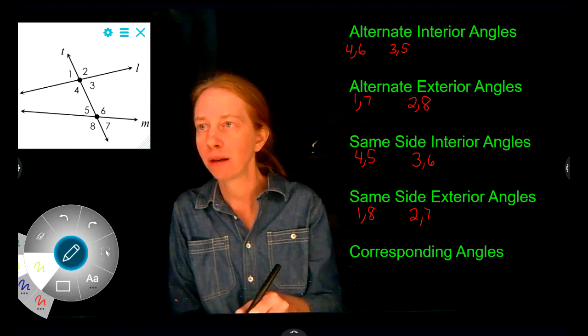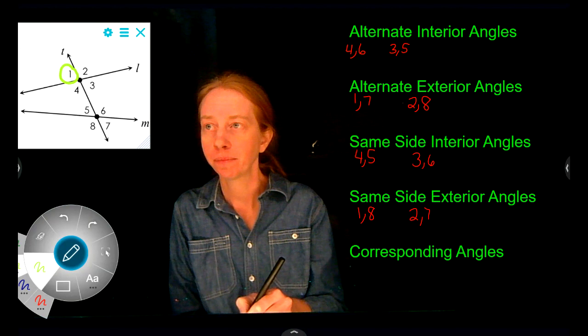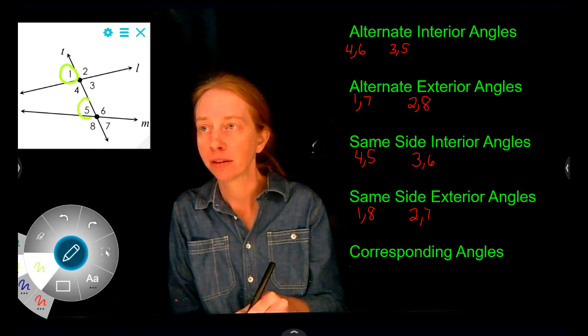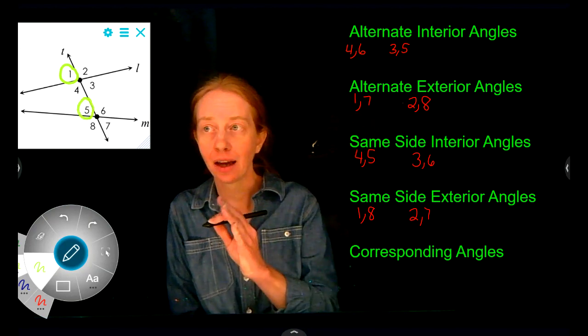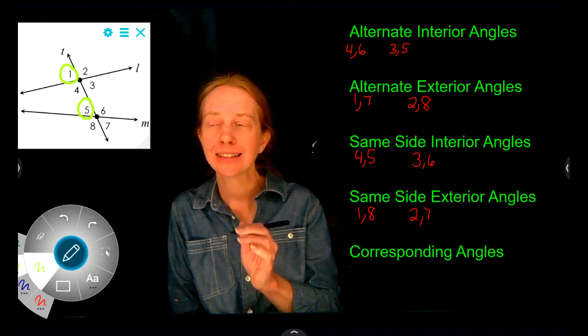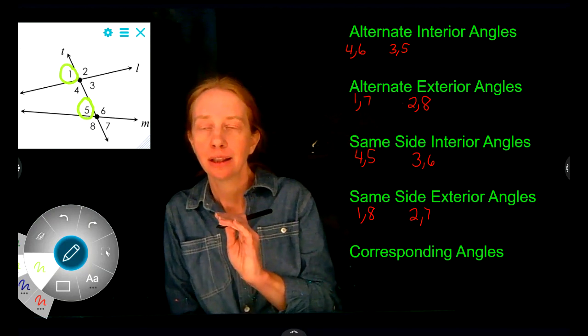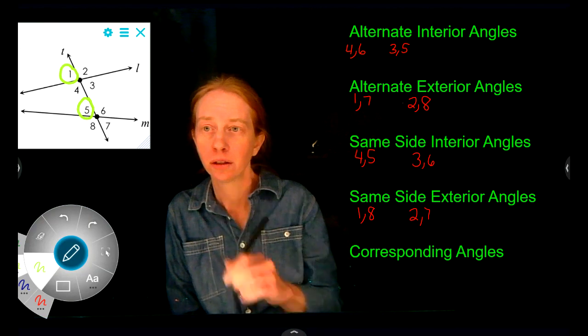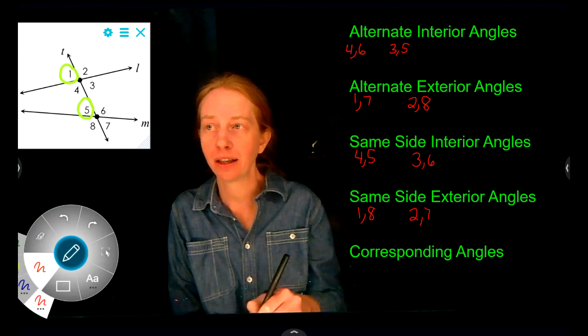Let me show you what I mean. Angle 1 and 5, they're on the same side, and they're in that same upper left corner. So that's what corresponding angles mean.